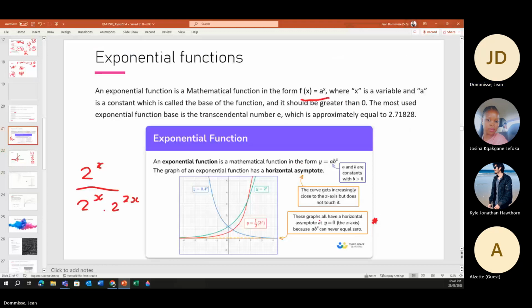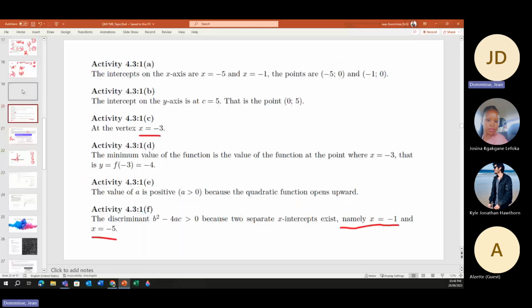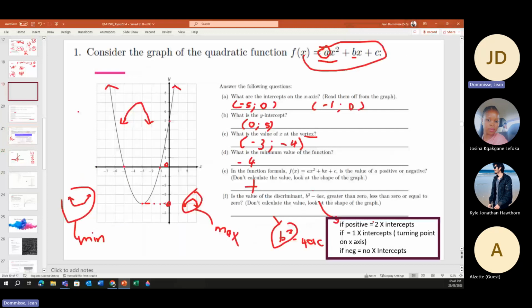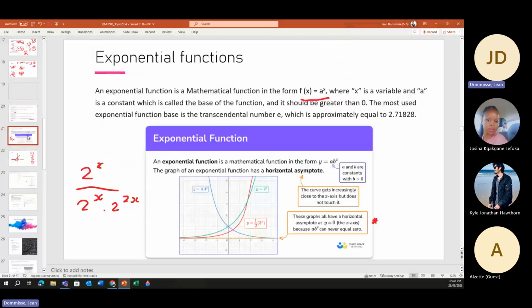So if I want to ask you a definition question like the one that was asked about the discriminant, this can be a very nice summary of something they can ask you about exponential functions: about the constants, about whether it has a horizontal asymptote or not, and if it does, whether your value can ever be equal to 0 or smaller.